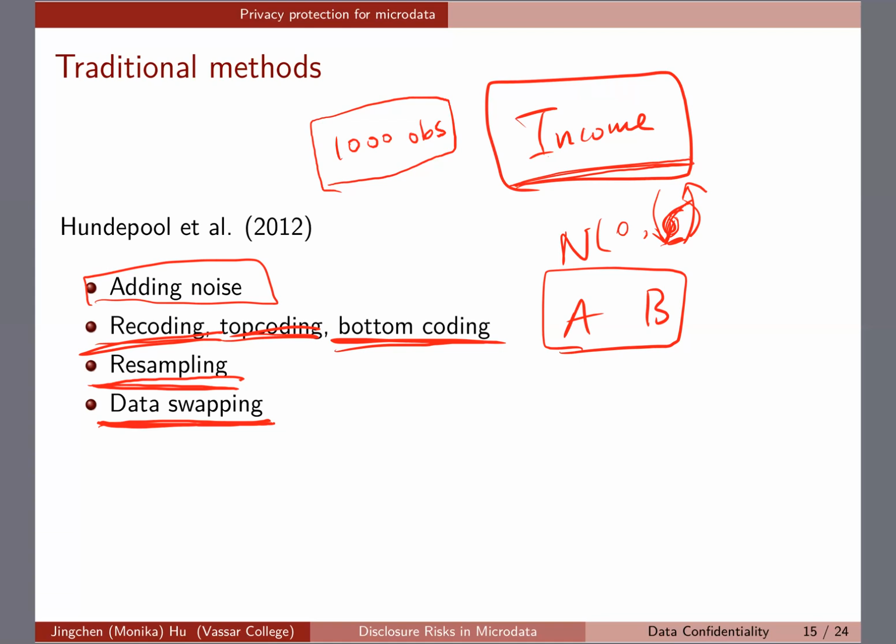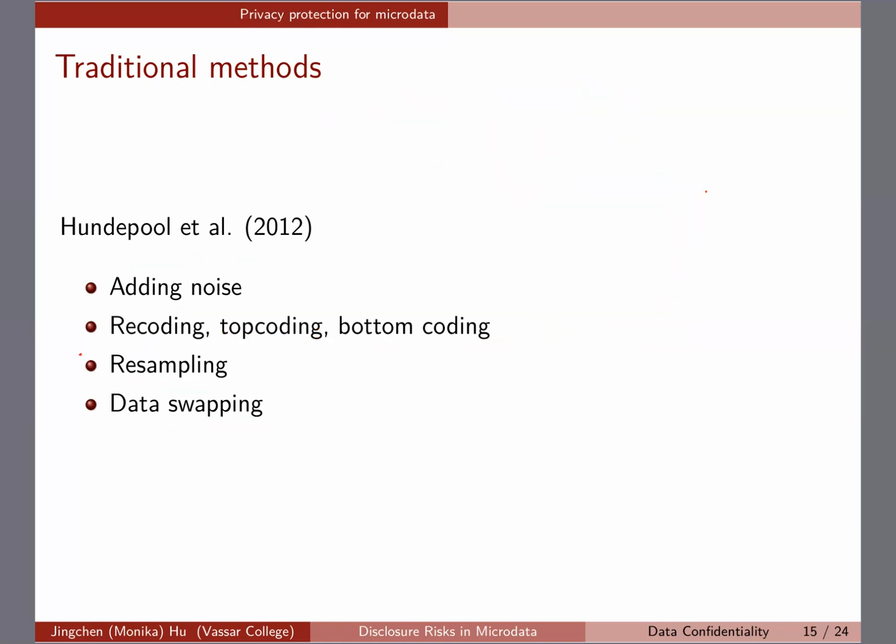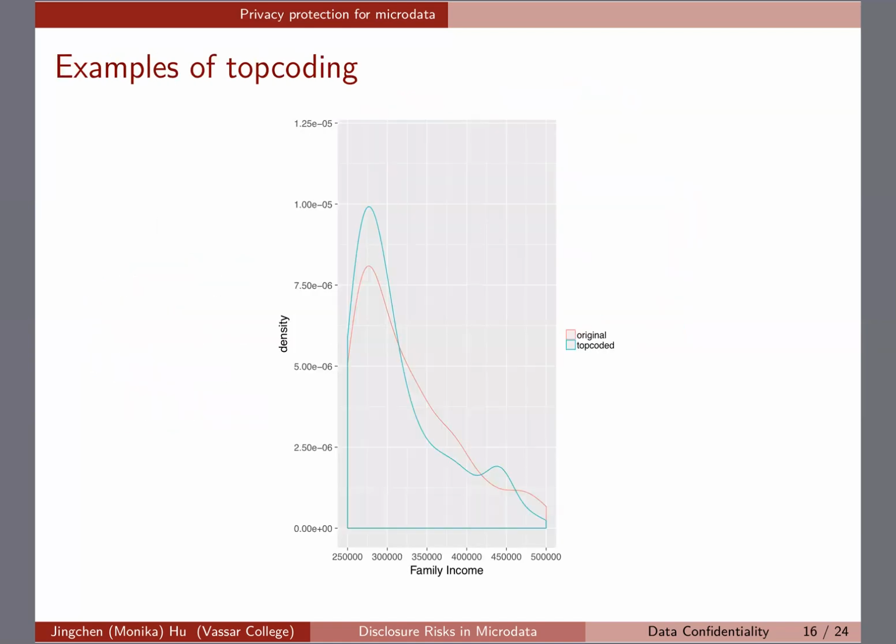But when you do swapping only for income, then the natural correlation between two continuous variables is disturbed. If I swap income but keep expenditure the same, that will disturb the relationship between income and expenditure. So those are traditional methods.